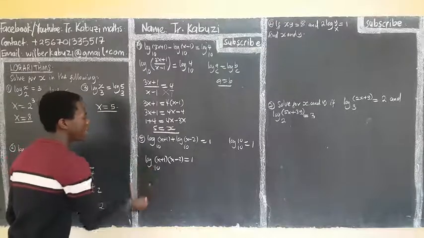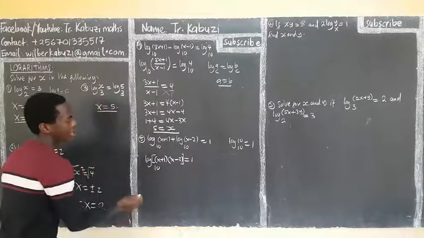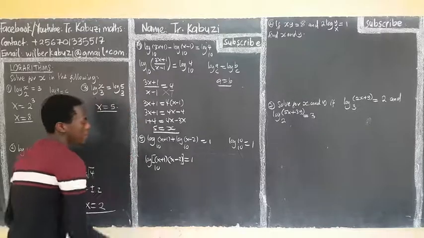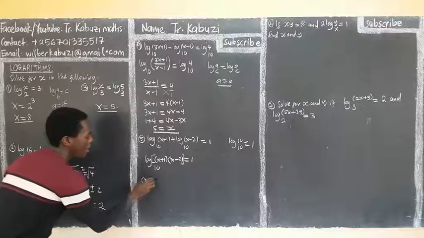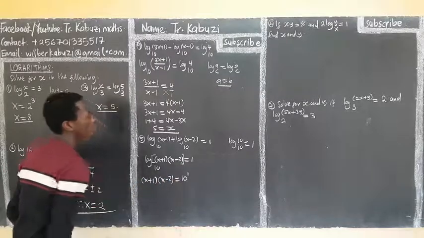Remember, the whole of this is multiplying. So you see that either you say this equal to this or you use this. It's up to you. So this power will be equal to this. So x plus 1 into x minus 2 will be equal to 10 power 1.